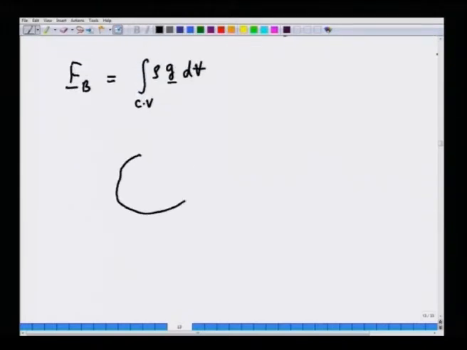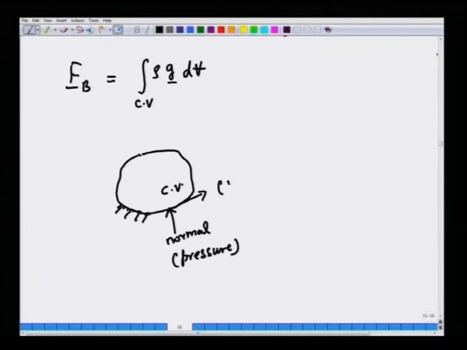Suppose you have a control volume. There can be forces exerted on the surface, and these forces can have a normal component as well as a tangential component. The normal component is usually due to the pressure, whereas the tangential component can be due to viscous shear stresses.